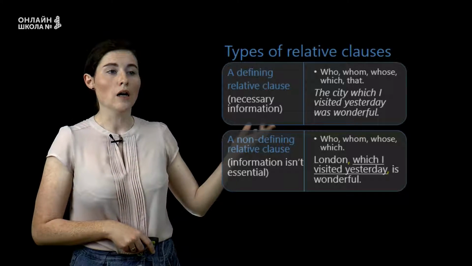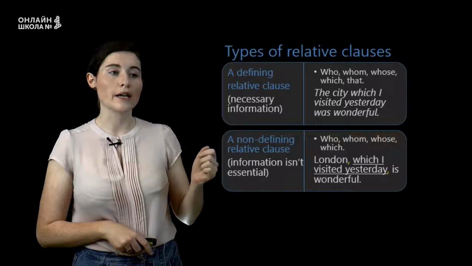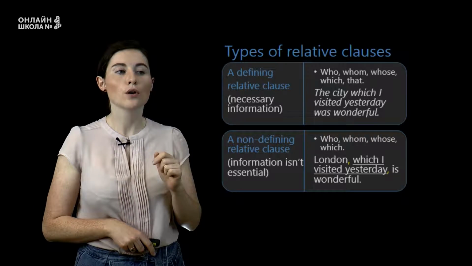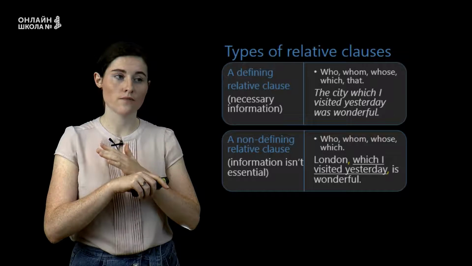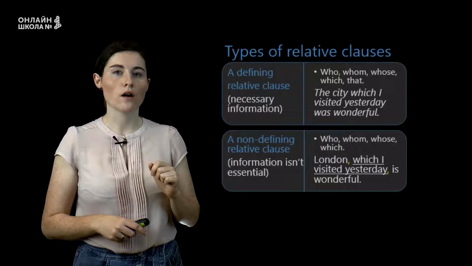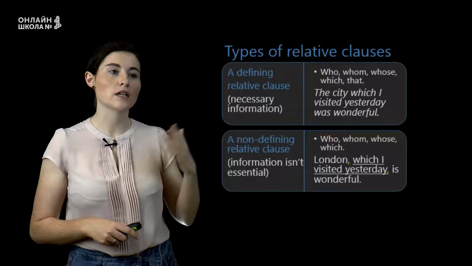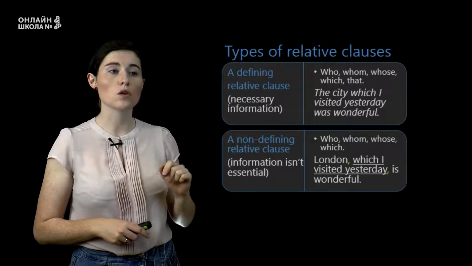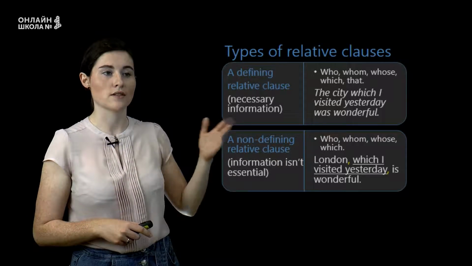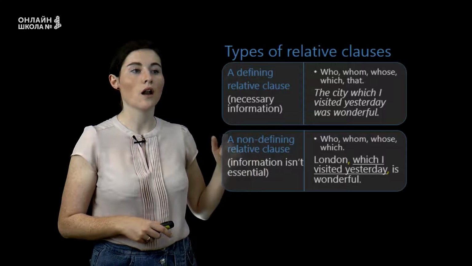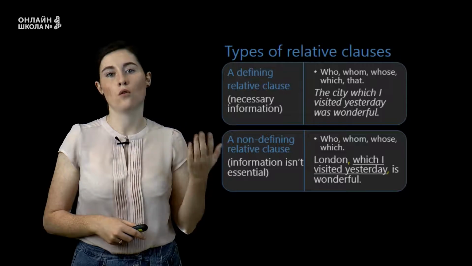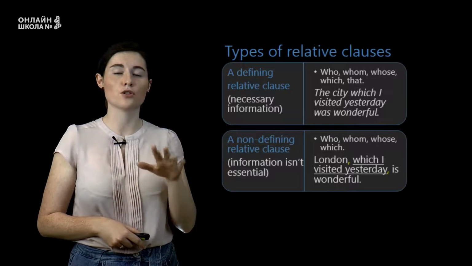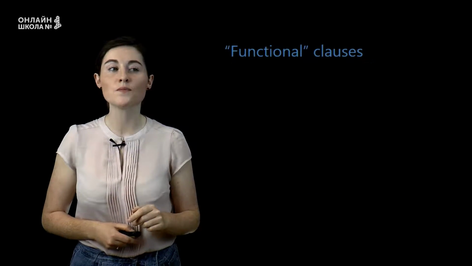By the way, non-defining relative clauses are introduced by the words who, whom, whose, and which, but not that. One more difference is that in a non-defining relative clause we use commas, запятые. Обратите внимание. London, a comma, which I visited yesterday, a comma, is wonderful. It means that this information is not important.